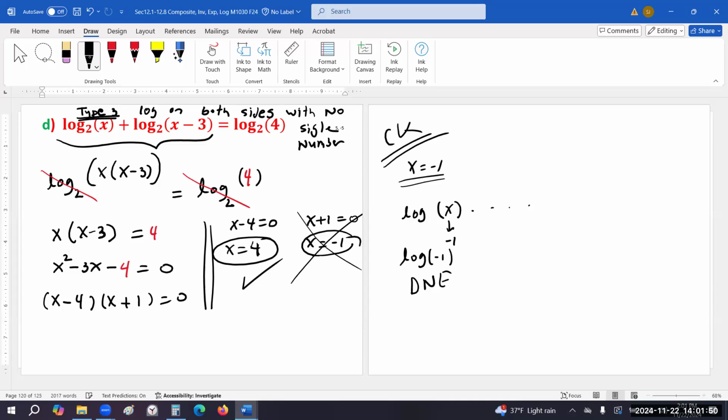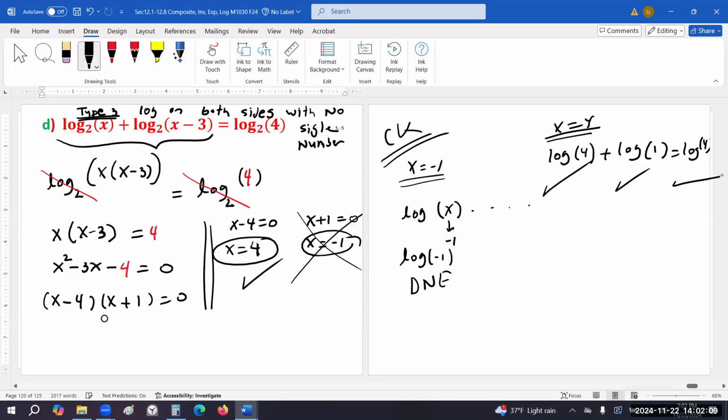So we cancel just by observing the first term. For the next one, when x is 4, we have log 4 plus log of 4 minus 3 equals log 4. We accept everything.